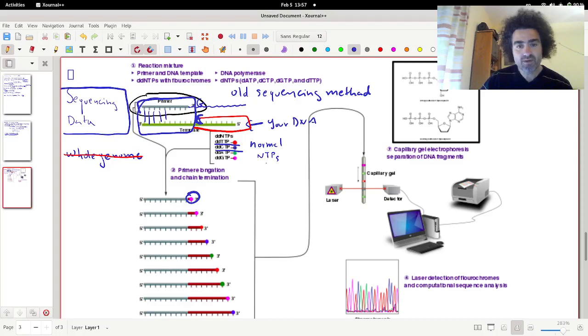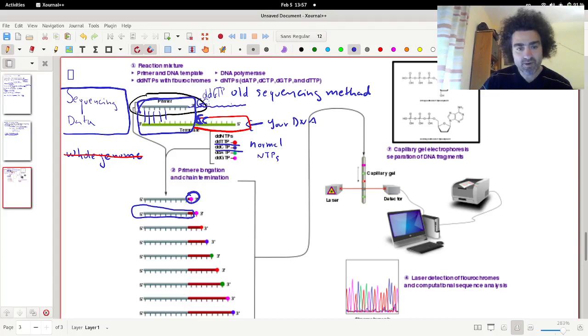Now, since you have normal NTPs, it's also possible in another primer molecule that a normal guanine will enter. Therefore, you will have this part of the molecule, but then, since it's a normal G, it can be elongated, so if this is also a C here, another G will enter here, but this G can be a ddGTP.